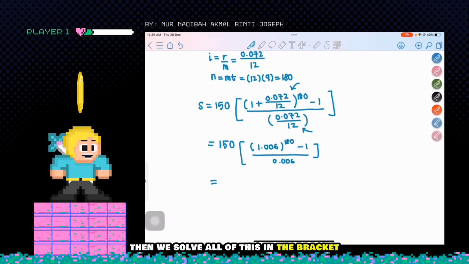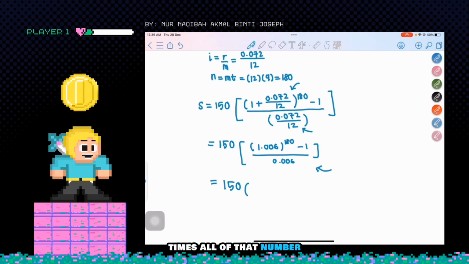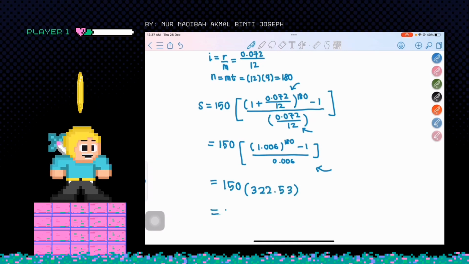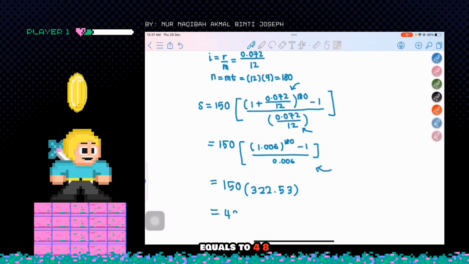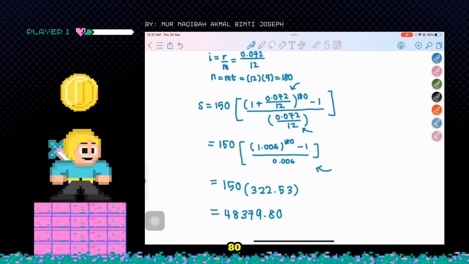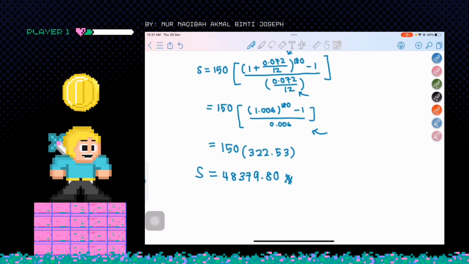Then we solve all of this in the bracket. 150 times all of that number, which is equal to 322, giving 48,379.80. So this will be our S.